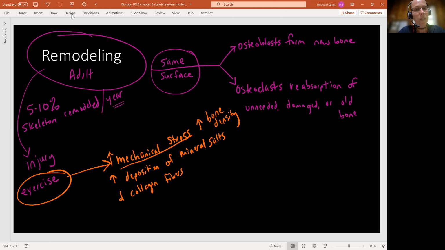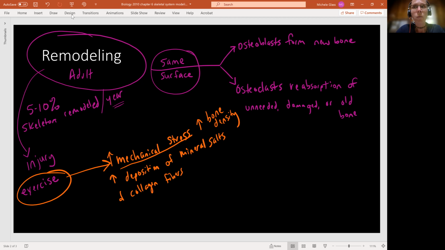And so when we're exercising, we're working our cardiovascular and respiratory systems, we're building muscle mass, but we're also increasing our bone density. Now, here's another piece of information that wasn't really listed for us in the text, but it can be important. Changes in body size are going to clearly alter your mechanical stress.